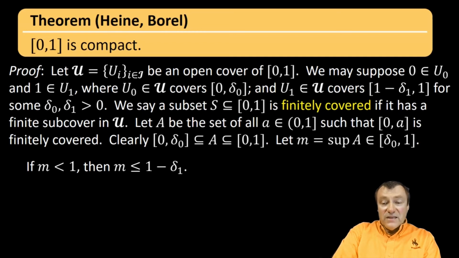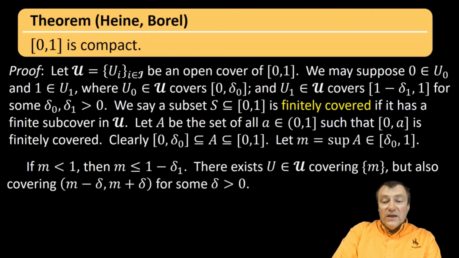Because once we've finitely covered everything up to 1 minus delta 1, the set U1 covers the rest, and so everything in the interval would be finitely covered. Now, the point M is covered by some set U in script U. The set U is open, so it has to cover an interval of positive radius delta centered at M.